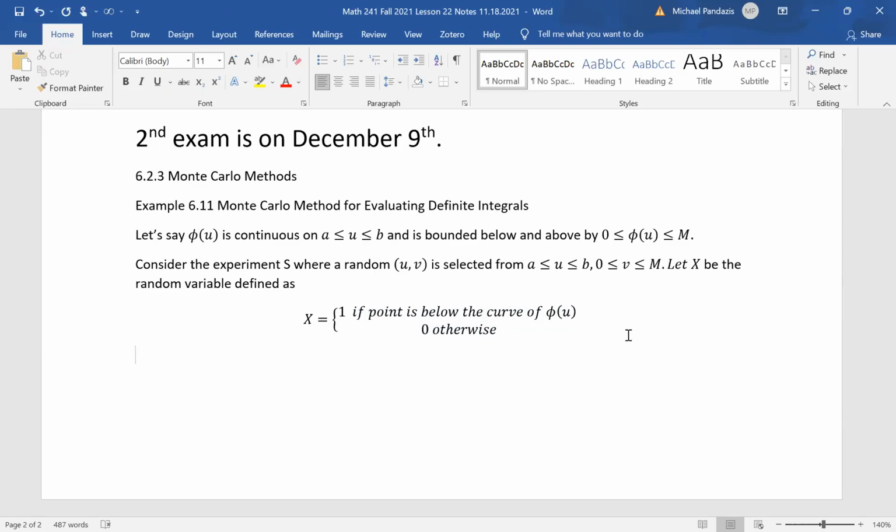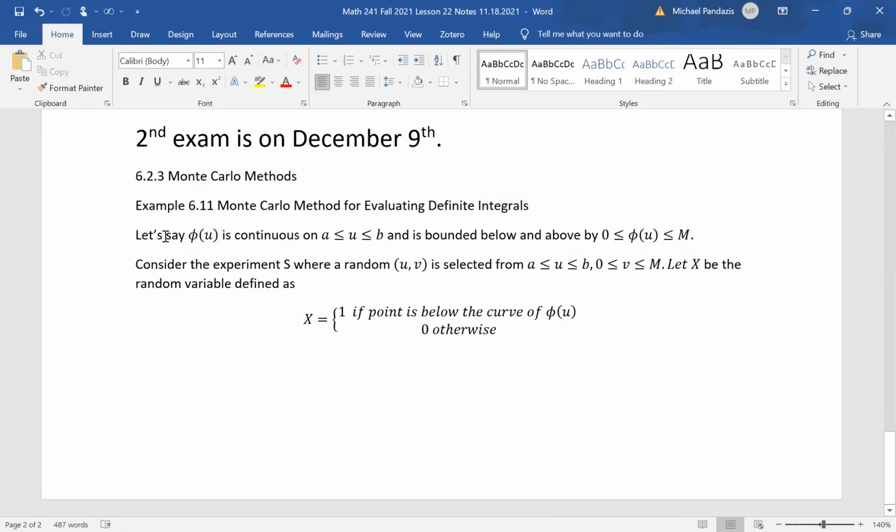Let me illustrate this situation for you. First, this is called the Monte Carlo method for evaluating definite integrals. The goal is to evaluate a definite integral.